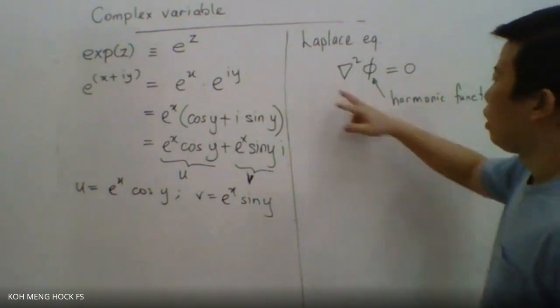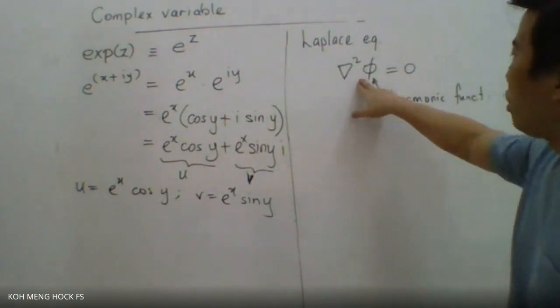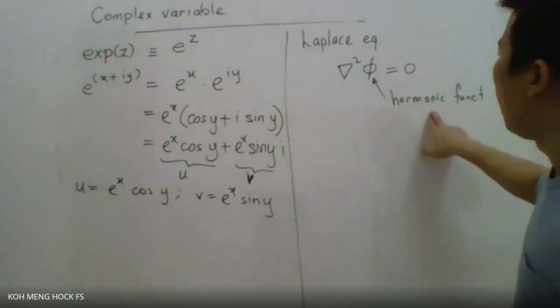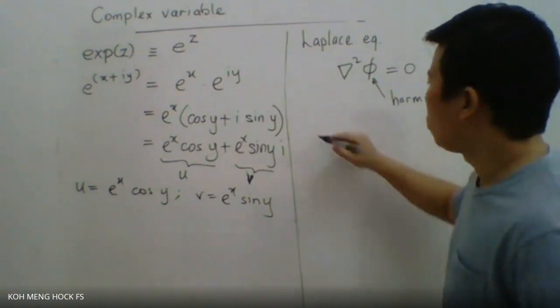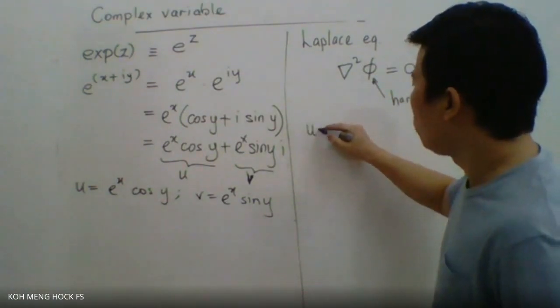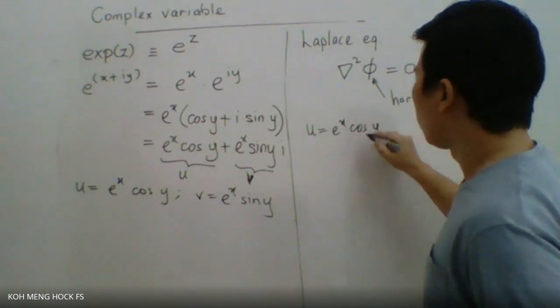So it means if I put this inside here, I will get this equal to 0. So let's try to prove it. We take u equals e^x cos y.